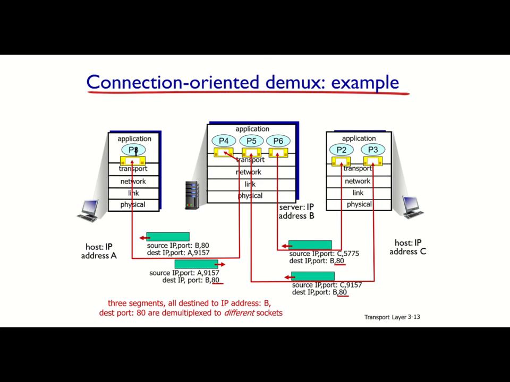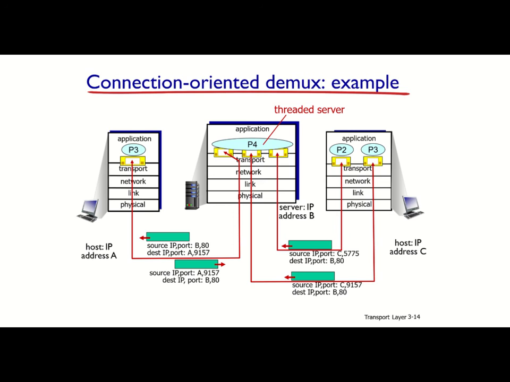And in the destination side, we have the IP address equal to B because, as I said, B is the IP address of this host, and the port number for this socket, which P4 is connected to, is 80. So this message sent from P1 received by P4 has the 4 tuples A, 9157, B, and 80. So this is an example of connection-oriented demultiplexing.